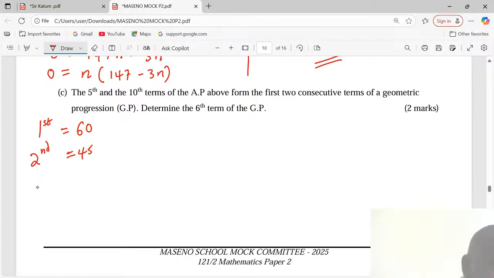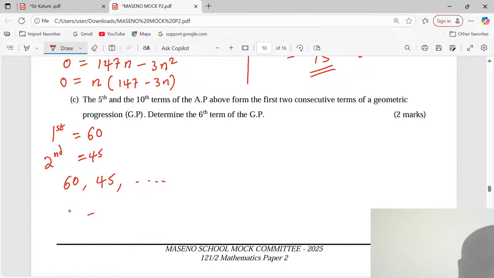That means if two terms are following one another in a GP and they are 60, then 45, the common ratio is supposed to be 45 over 60, which is 3/4.